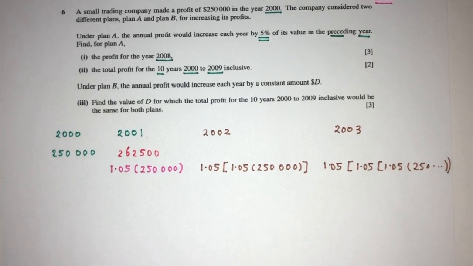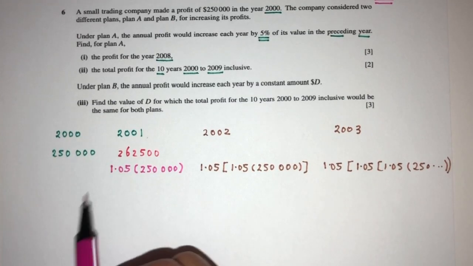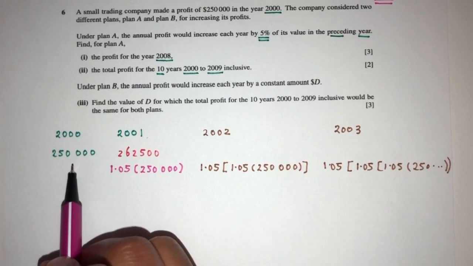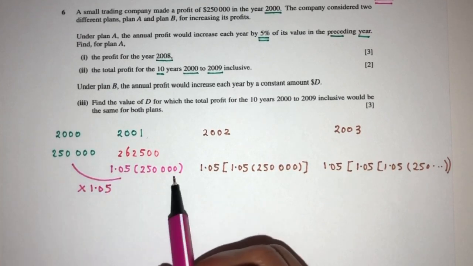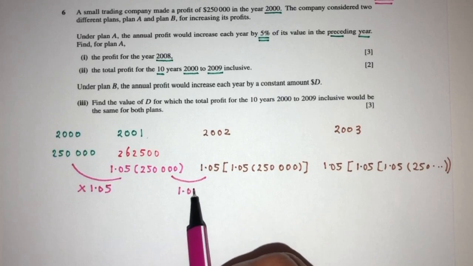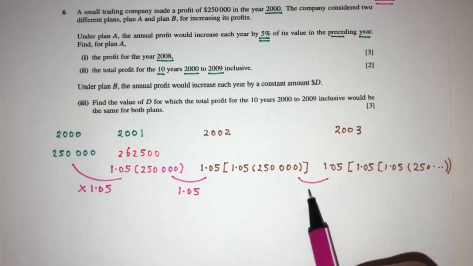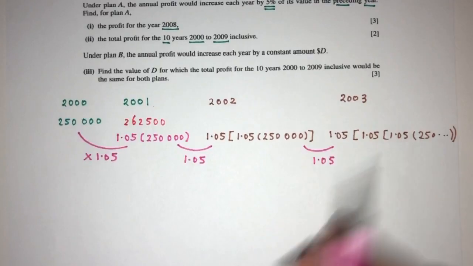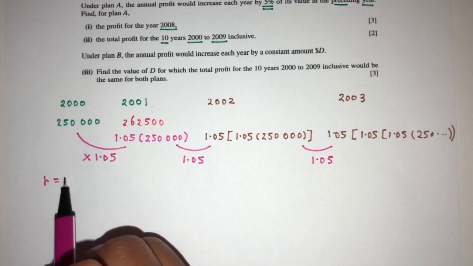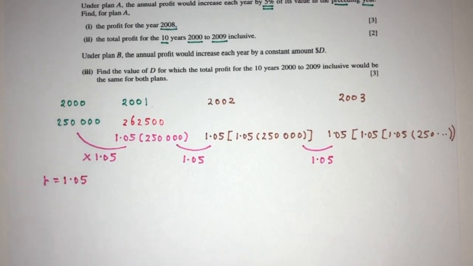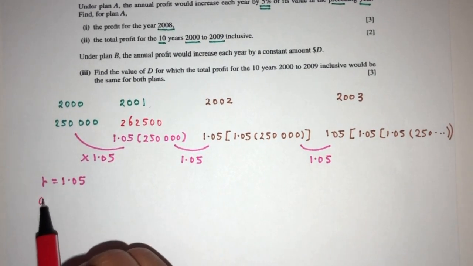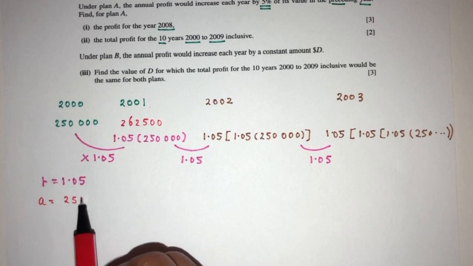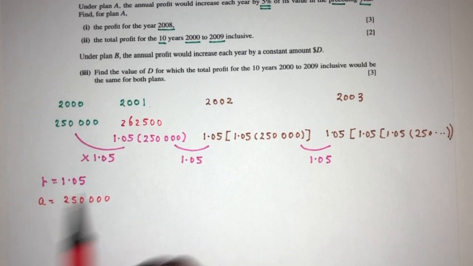You get the idea. This is multiplied by 1.05, and this is multiplied by 1.05, and so on. You can see we have a common ratio of 1.05. That makes sense, right? Every time we are multiplying by the same value, and the first term A is 250,000.